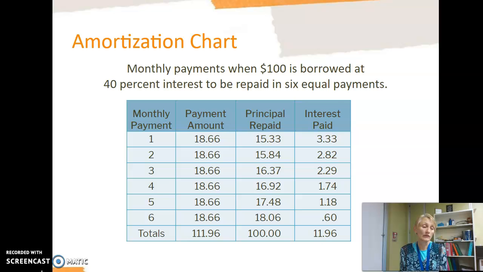In your little booklet, on page 9, they asked if a friend offers you $100, but you have to pay him back $120, would you say yes? If you're paying him back $120 in 6 months, all at once, that would actually be 40% interest.